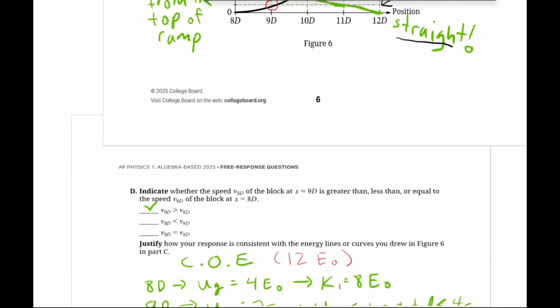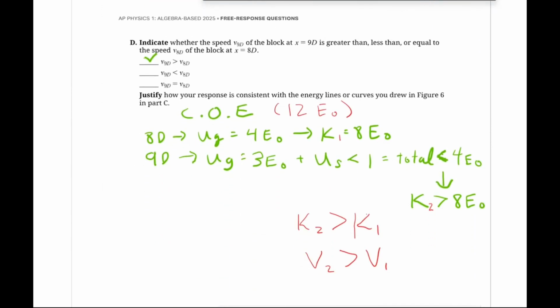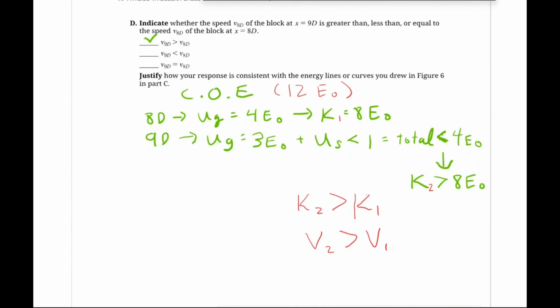All right, so sliding down over here: justify response, conservation of energy, 12 E naught total. I would have been a little bit more thorough writing sentences, but I just did an abbreviated version here. At position 8d, my UG is 4 E naught. Therefore, my first K, called it K1, equals 8 E naught.